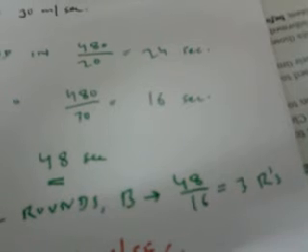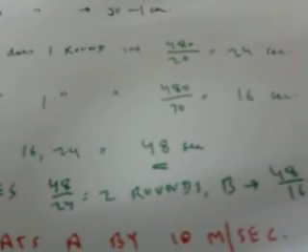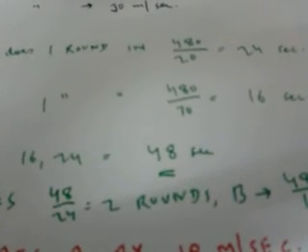Let us check it. In 48 seconds, A does 2 rounds, that is 48 divided by the time taken by A to do 1 round, that is 24 seconds. So A does 2 rounds in 48 seconds and B does 3 rounds in 48 seconds. So both of them are at the starting point after 48 seconds.